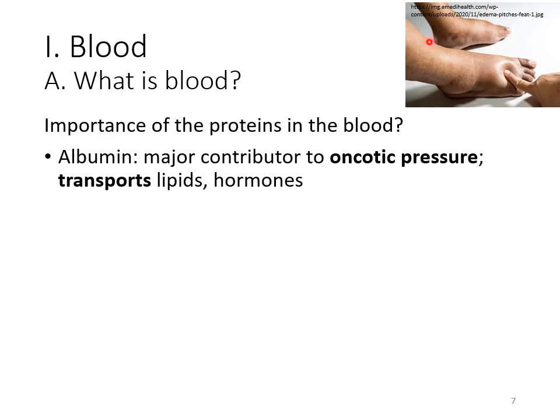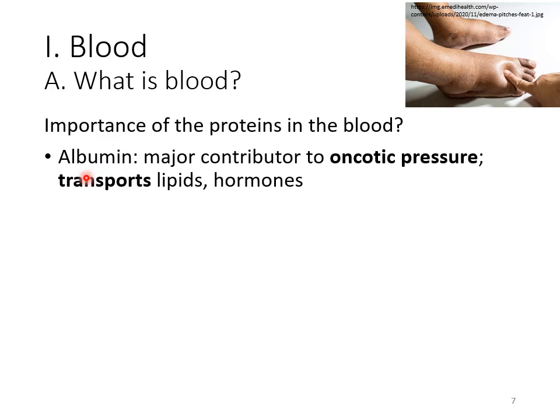So this is an example, a picture of edema. When the person has edema, we see that this patient's foot is all puffy, and that's because the interstitial space has a lot of fluid. One reason for edema is a low amount of proteins, especially albumin, in the blood.